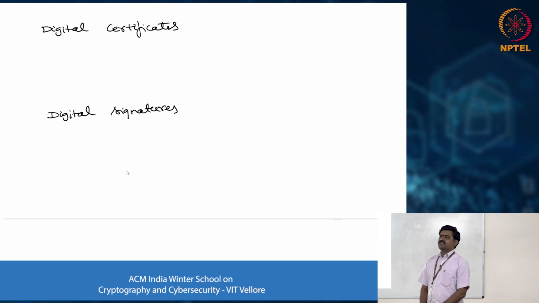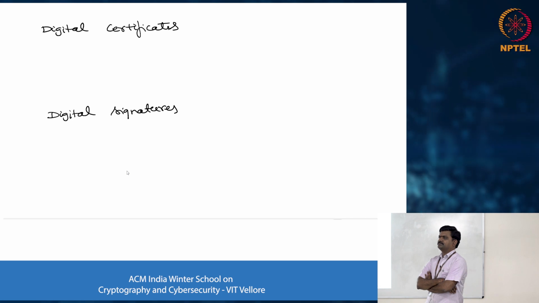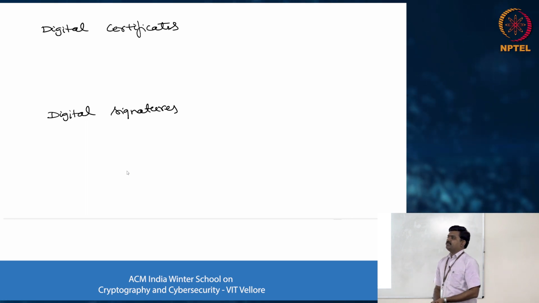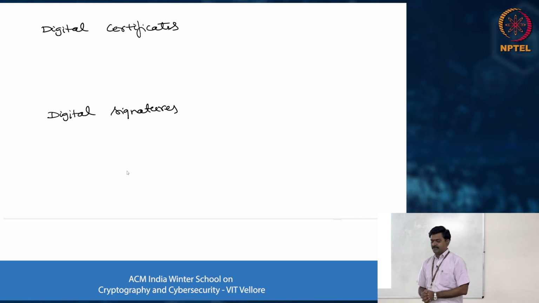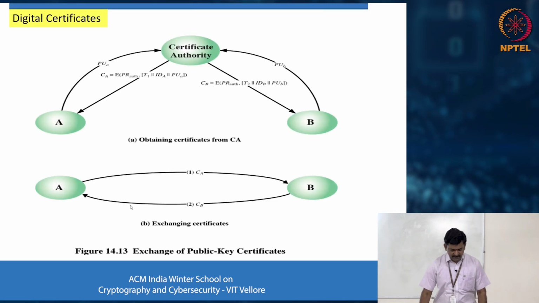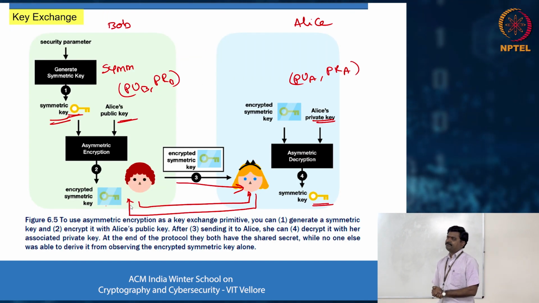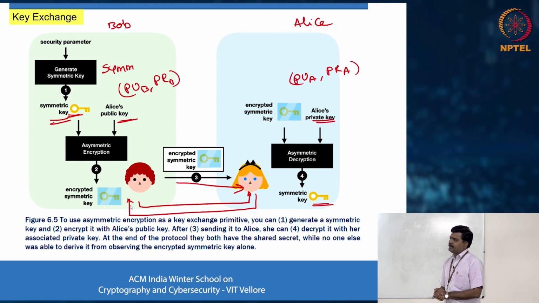Signature. You need to understand the difference between both these entities, number one. Number two, where they are used, right? Let us go back to this key exchange problem. We said the symmetric key is created by Bob and encrypted with the help of Alice's public key.